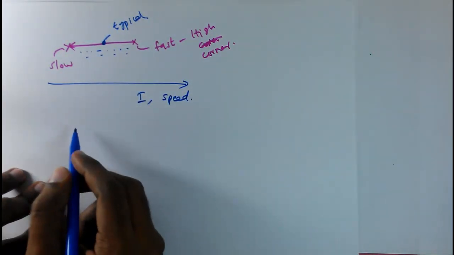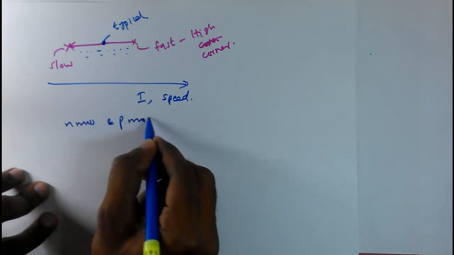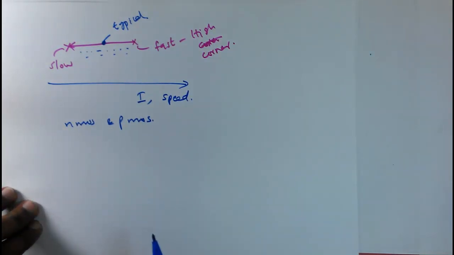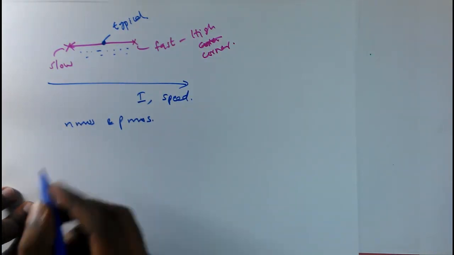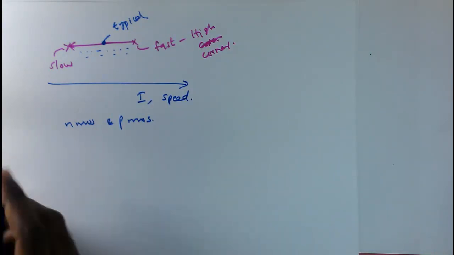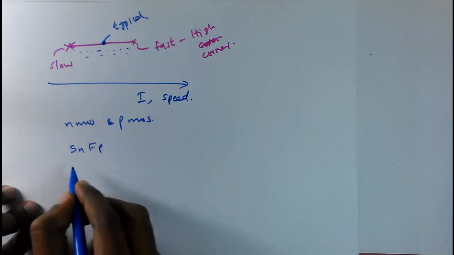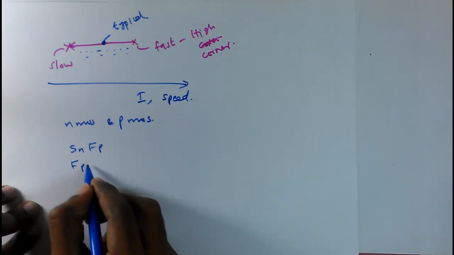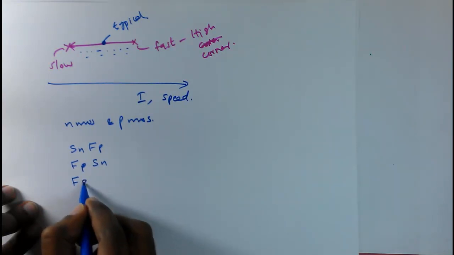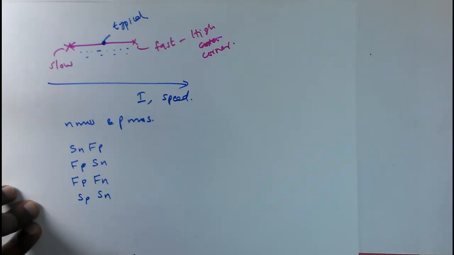So in a CMOS process you have NMOS and PMOS, and the process variation can be independent. For example, you made a chip and it could be slow NMOS and fast PMOS, or fast NMOS and slow PMOS, or fast PMOS and fast NMOS, or slow PMOS and slow NMOS.